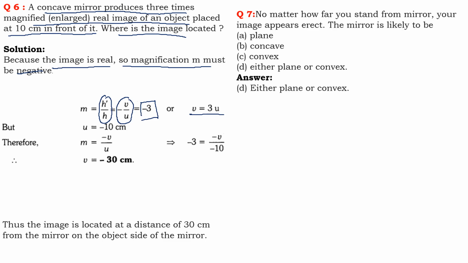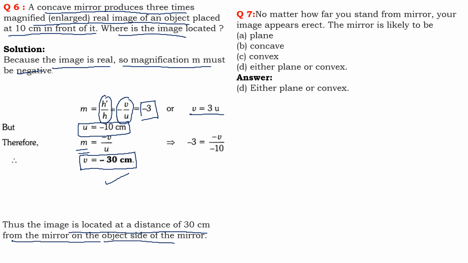So v is equal to 3u and u is minus 10 centimeter, already given to you. So v will be minus 10 into minus 3, that gives the value of v as 30 centimeter. The image is located at a distance of 30 centimeter from the mirror on the object side of the mirror.